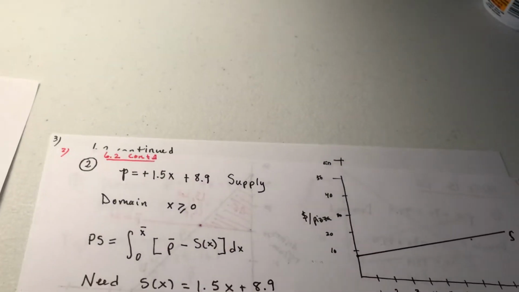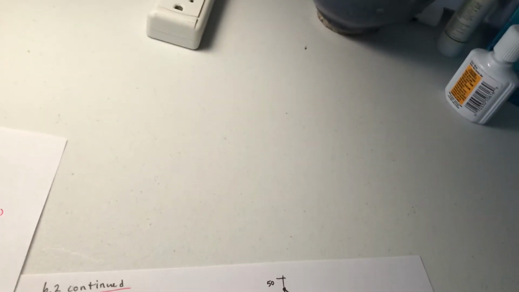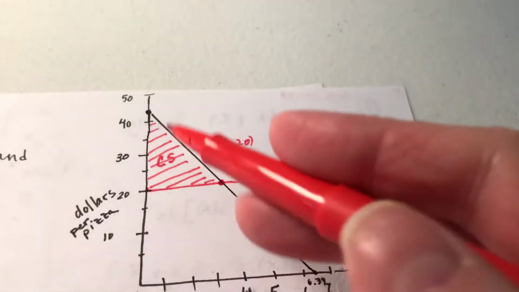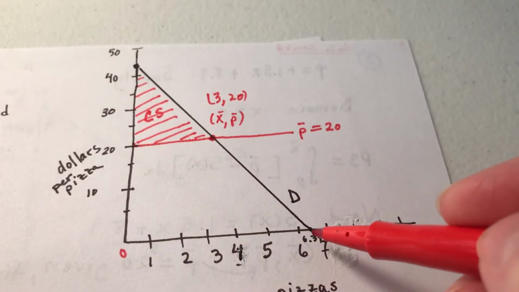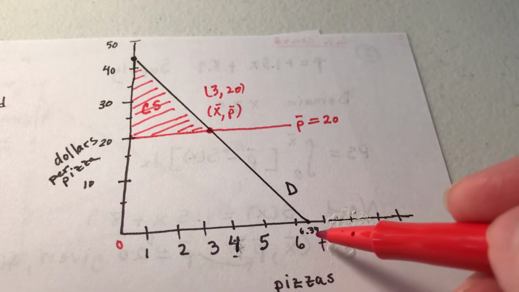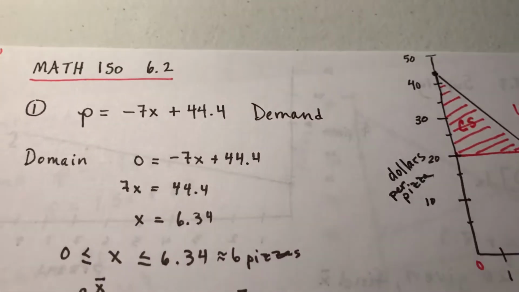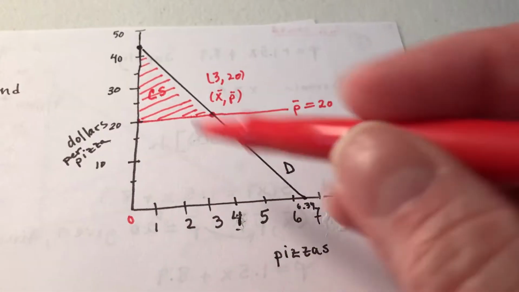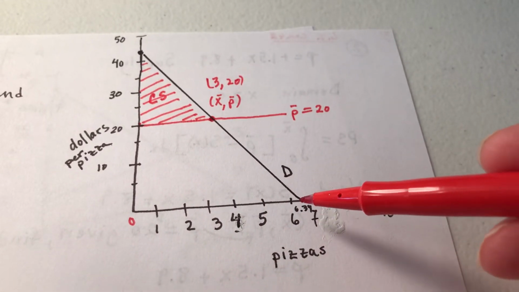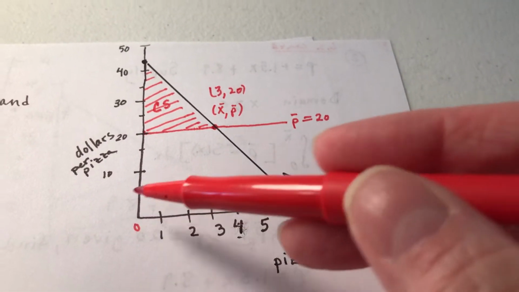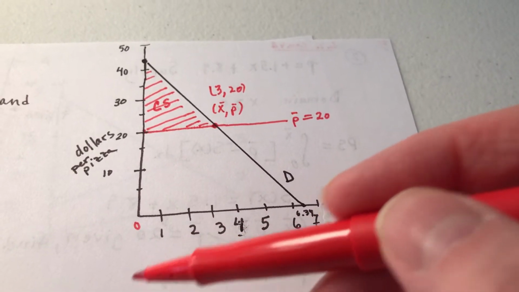Now notice before on the demand curve, it's on the other side. The demand curve, because it decreases, always hits the x-axis at some point. So that's where we got that 6.34 right here, which shows that that graph will stop here because you're not going to have negative price, right? Your price can't be negative.